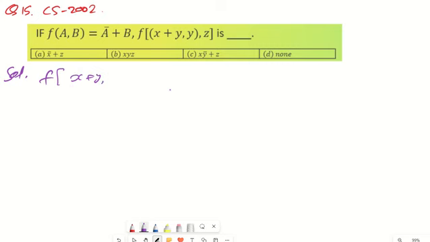I'll just write it like this as it is written here. So from the given function, can we write it down? It is nothing but two terms, so it is a bar plus b. So I can also write it down as function of, see, this can be considered as one function internal, so I can write it down as x plus y bar plus y, comma z.